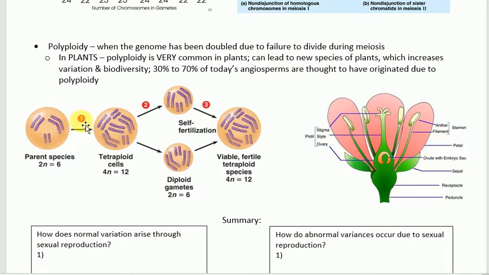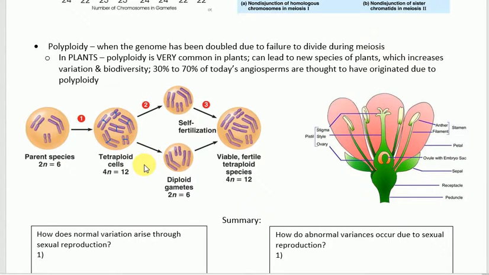So basically what's happening here is that you've got the parent, you've got replication occurring. And then you've got these tetraploid cells, which this image isn't very good because, of course, these should be joined right here in the middle. So I'm just going to draw those in. You can draw them in if it bothers you also.